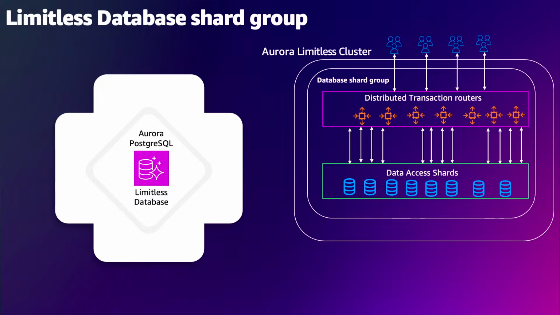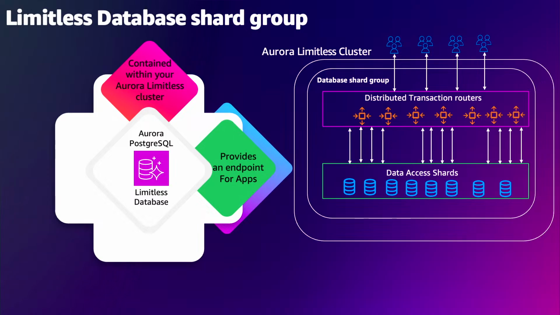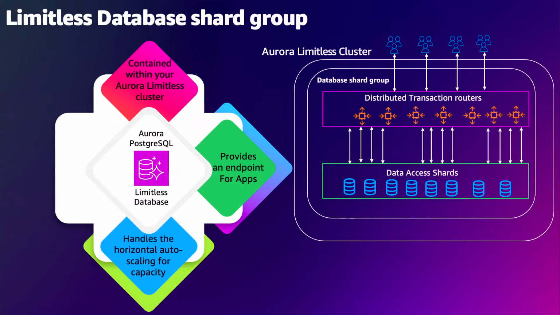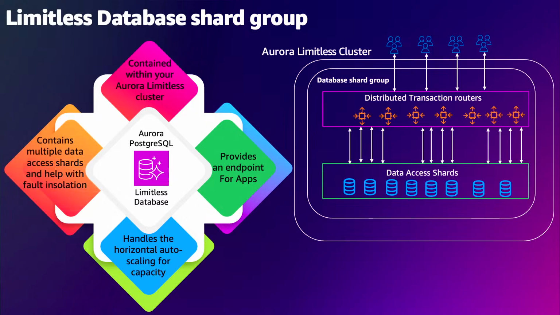So let's go into more details about the shard groups. As we discussed before, it is contained within the cluster, so still the same constructs that we had with normal Aurora, but it basically provides the endpoints for the apps. It handles the horizontal autoscaling for capacity, and it also contains the data shards and helps with fault isolation.